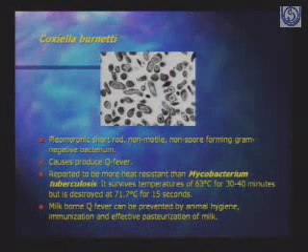Then we have Coxiella burnetii. This is the causative microbe for Q fever, and it is much more resistant than Mycobacterium tuberculosis. So there is some work going on saying that it should replace Mycobacterium tuberculosis as the index of pasteurization.